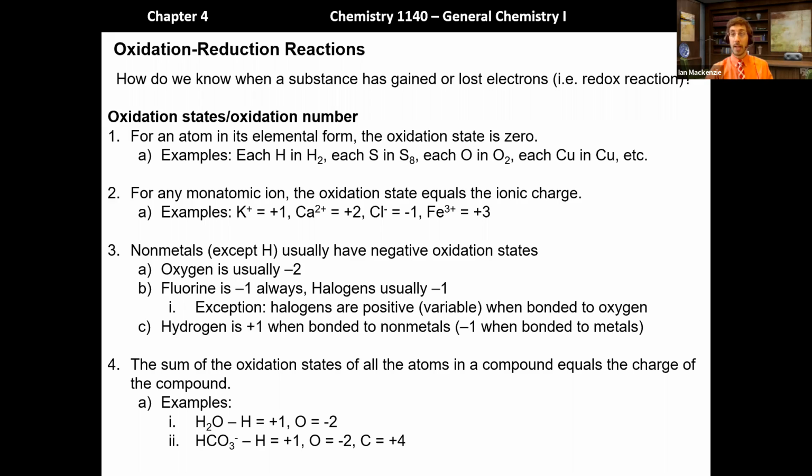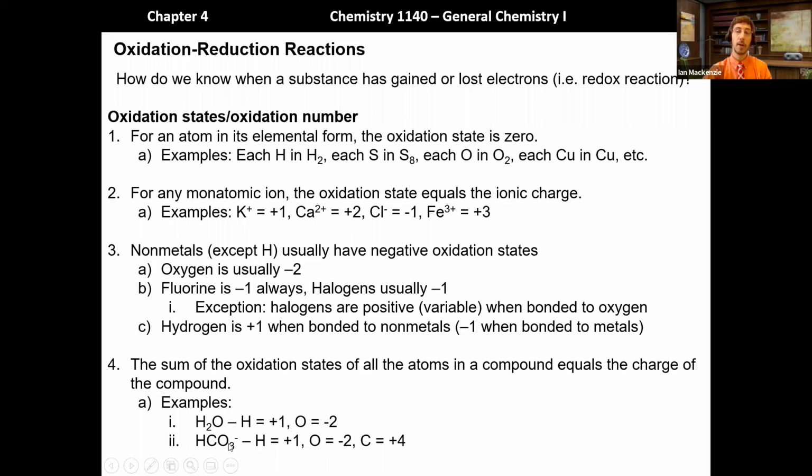The bicarbonate ion, or the hydrogen carbonate ion here, has a negative overall charge, and none of our rules tell us right off the bat what the oxidation state of carbon is. But we can deduce it because we know that oxygen is -2, and hydrogen is +1.